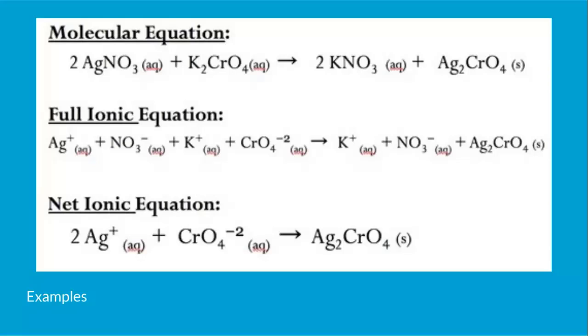So look at NO3 minus and K plus on the reactant side. They're both aqueous, they're both separate, and on the product side, they're both aqueous, both separate, so you can cancel those out. However, if you look at silver plus aqueous on the reactant side, and then silver chromate on the product side, you'll see that they're different.